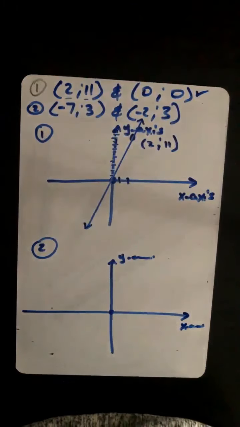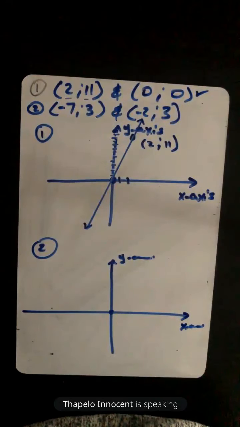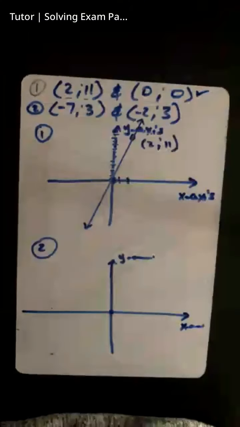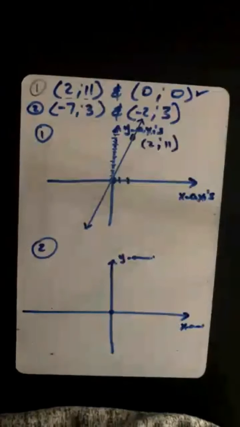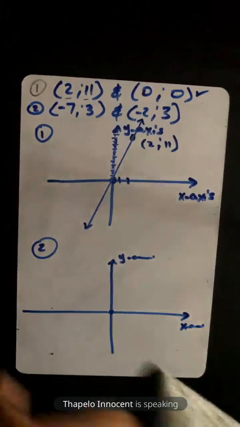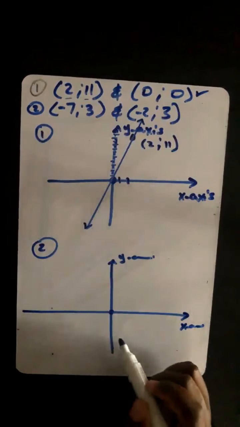And what are the coordinates of that point? 0 and 0. So what do we call that point? Point of origin, 100%. So this is the origin, and we've got 0 and 0.